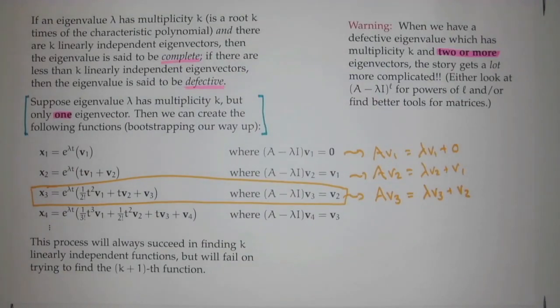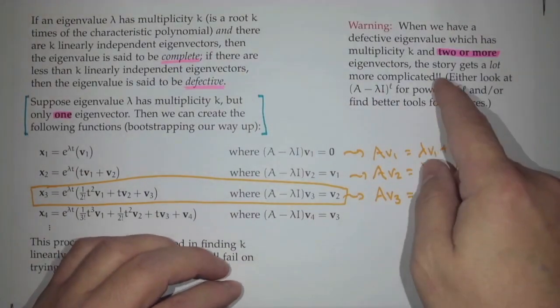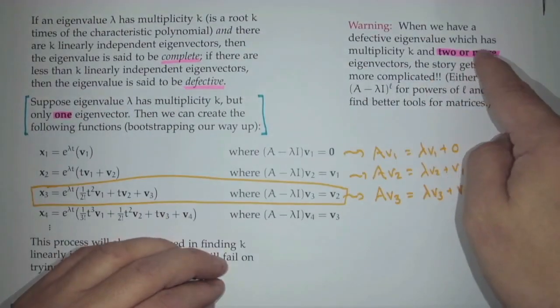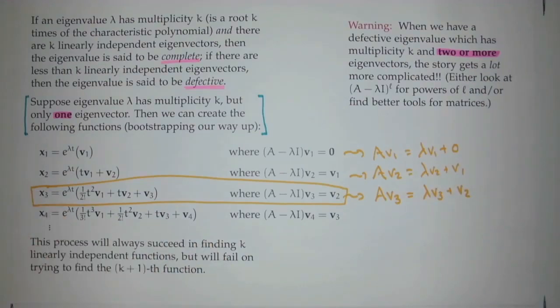Now, a word of warning. This works great and all if we have just 1 eigenvector. If you have 2 or more, hopeless. Well, not completely hopeless, but it gets very complicated. Now the reason it gets complicated, you might say, well, wait, doesn't the process work?